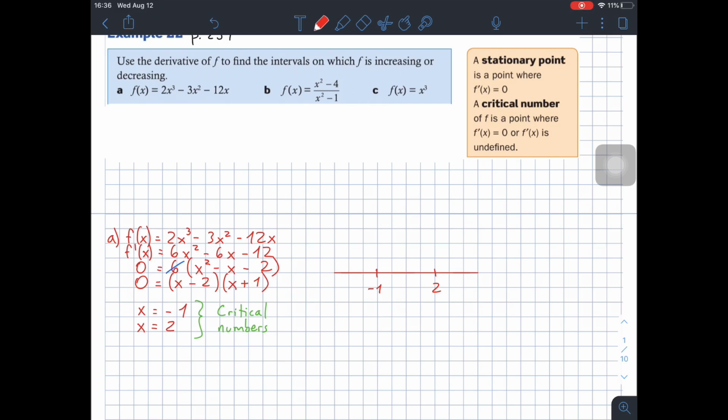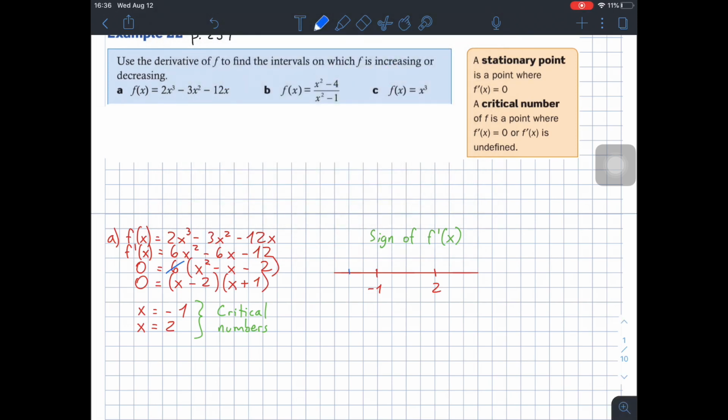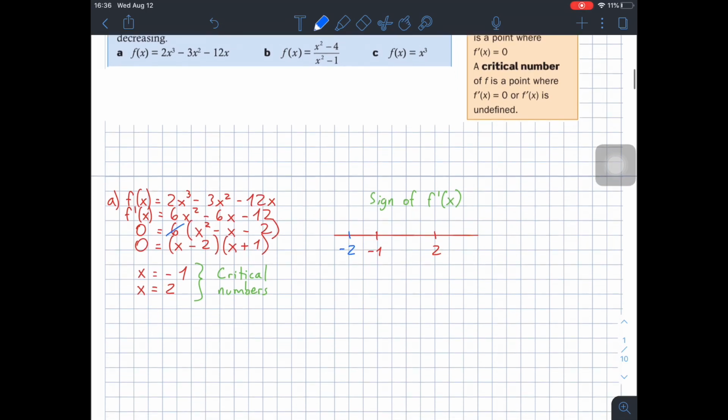So what I'm going to be analyzing basically is the sign of f prime of x, the first derivative, okay? So I'm going to pick a number, let's say, for example, -2, and I'm going to plug in this value into the first derivative in order to see what sign I get when evaluating the first derivative for that value.